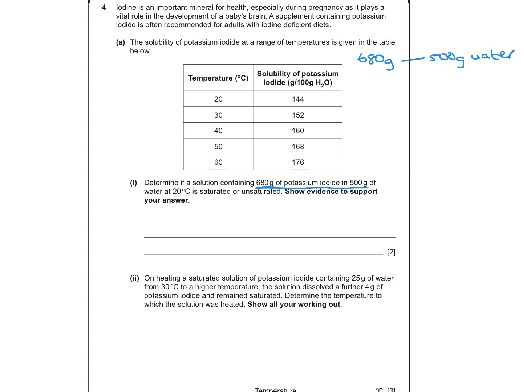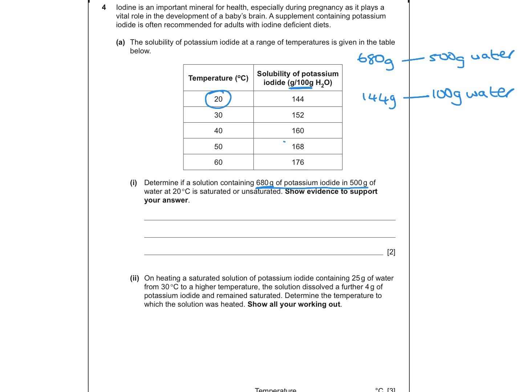Now, solubility is always expressed in terms of grams of solid that dissolve per 100 grams of water. And you can see that here. So we're looking at 20 degrees C. And we can see that 144 grams of the solid dissolve in 100 grams of water.